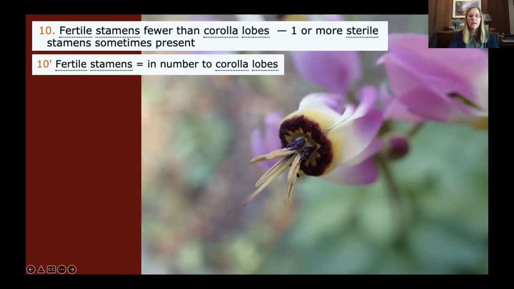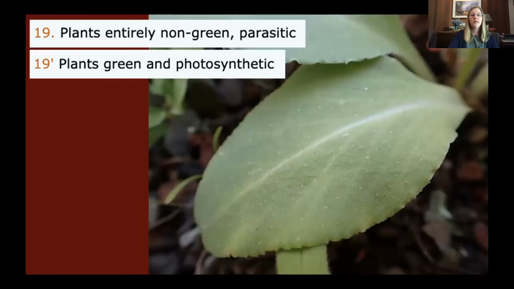So again, we have 5 of each, so they are equal in number. Plants entirely non-green, parasitic, or plants green and photosynthetic. So this is a rare condition to have non-green parasitic plants. In this case, we do have very nice green leaves, so we can assume that this is a photosynthetic plant.